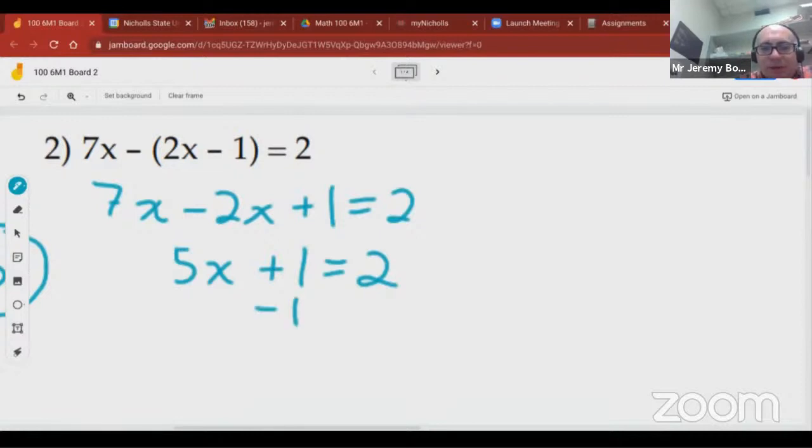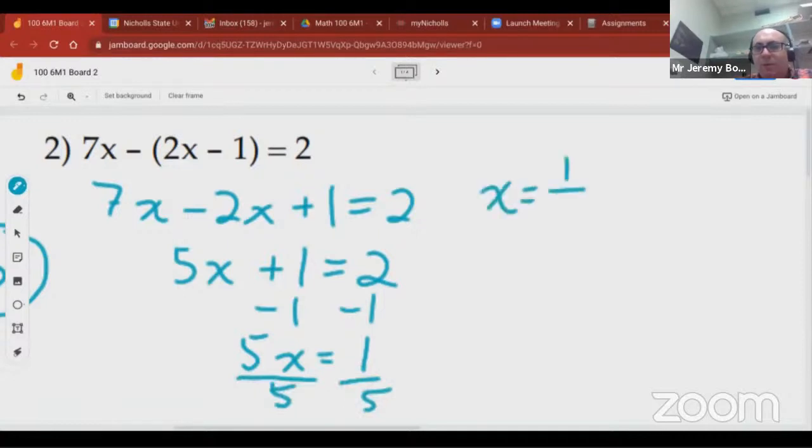We'll achieve that by subtracting 1 from both sides. We get 5x is now equal to 1. So we got all the terms with a variable on one side, all the terms with constants on the other side. Isolate the variable by dividing by 5 on both sides, and we end up with x is equal to 1/5. And so my solution set for this one is a set containing 1/5.